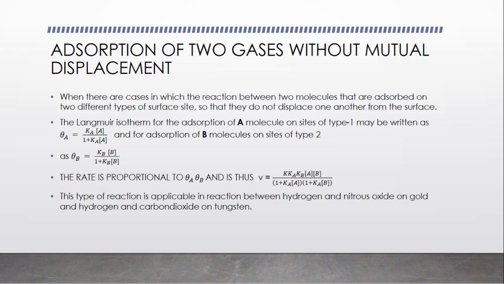side. Coming to the case of adsorption of two gases without mutual displacement. In such a case, the Langmuir isotherm for adsorption of molecule A is of type 1 and for adsorption of B on a different site is of type 2.